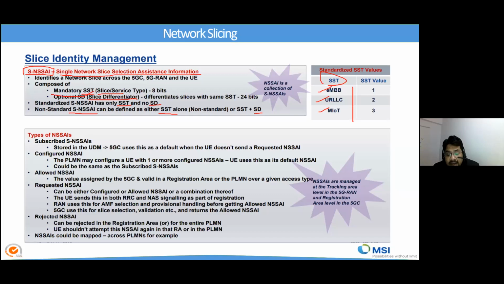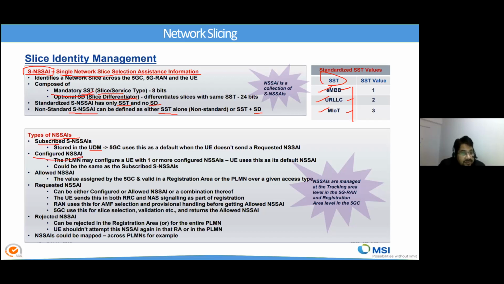So when you work as an RF engineer on network slicing, you will see that for eMBB the SST value is 1, for URLLC the SST value is 2, and for IoT the SST value is 3. And if we talk about the different types of NSSAI, there is the subscribed NSSAI. Subscribed means the NSSAI identity is already stored in the UDM. UDM is basically equivalent to the HSS, home subscriber server, in 4G, and it stores all the NSSAI.